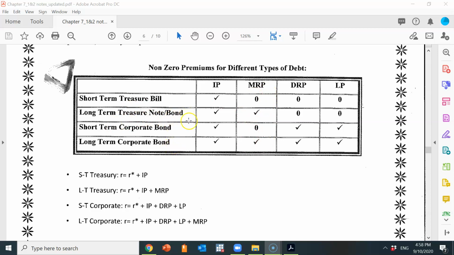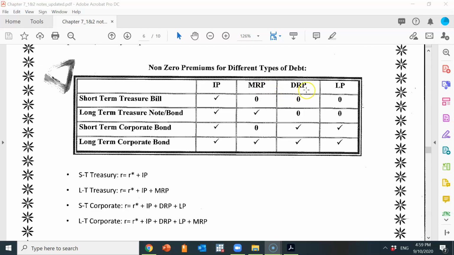No matter if it's treasury bond or corporate bond, as long as it's long-term, it has maturity risk premium. But for short-term treasury bond or short-term corporate bond, as long as it's a short-term bond, it does not have maturity risk premium. Usually we consider bonds within 1 year as short term, and we assume that maturity risk premium for bonds within 1 year is 0.